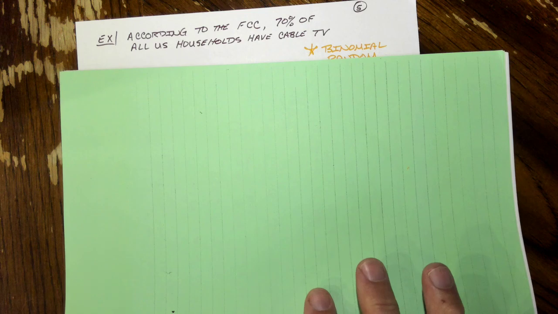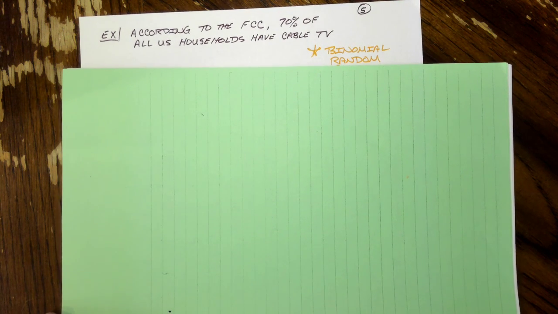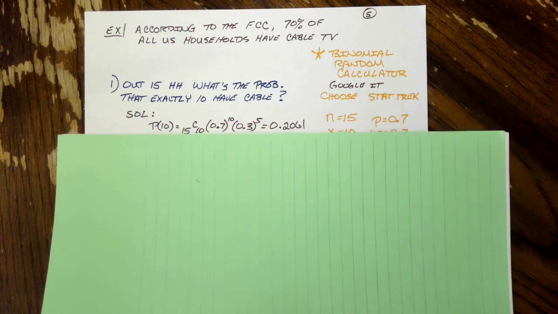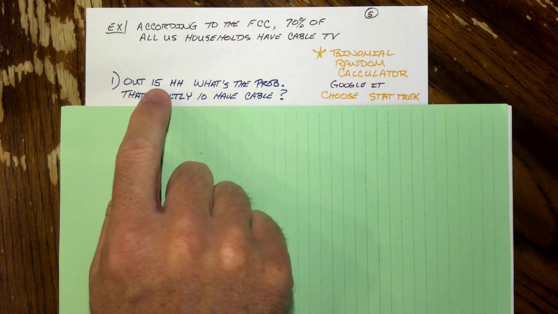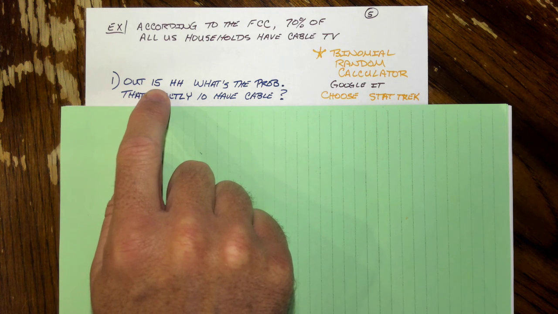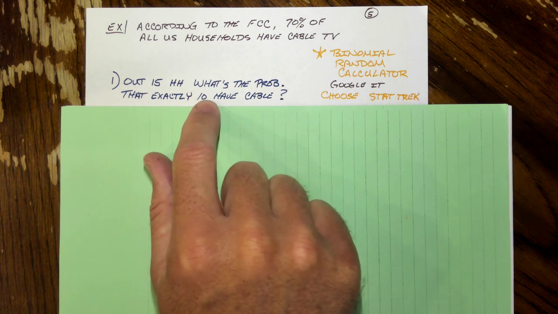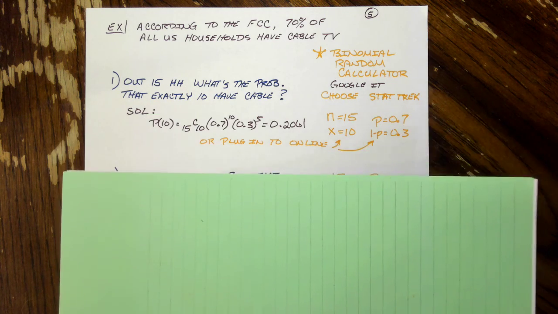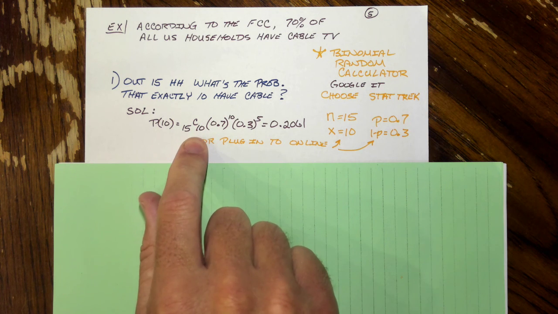According to the FCC, in this example, 70% of all households have cable TV. I think that's different now, but that's our example. So a couple questions we're going to have out of this. Out of 15 households, so there's your sample, what's the probability that exactly 10 have cable? Now, we can go through and do this.